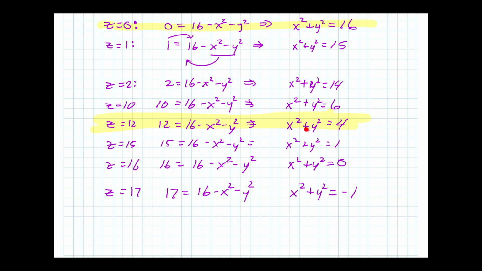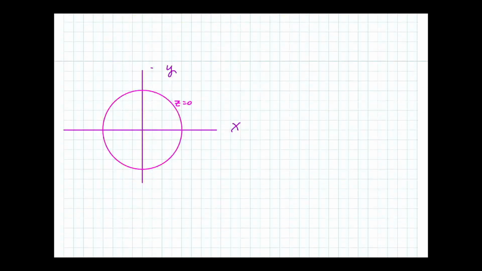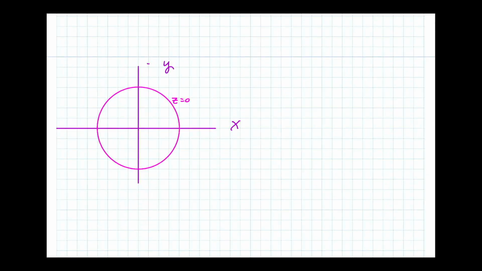The curve here is x squared plus y squared equals 4. That's a circle with radius 2. So let's plot this. Circle with radius 2, we know it is. That was terrible. Okay.